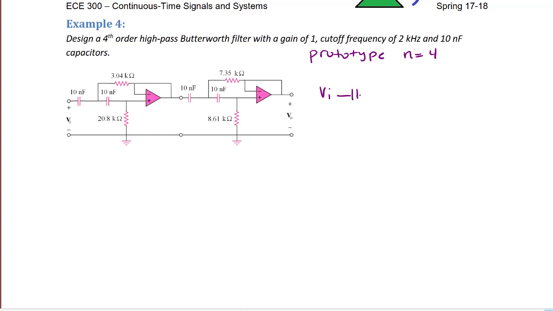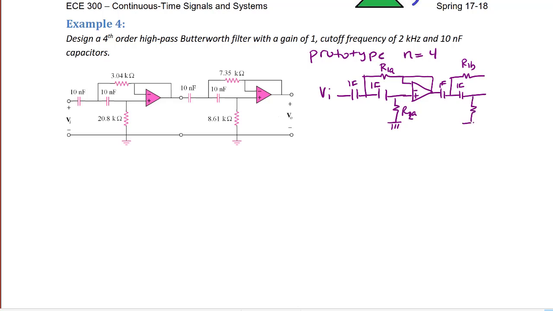So since both circuits are second order, they both will have the capacitors on the input to the positive terminal, and one feedback resistor and one resistor that goes to ground. We will label all the capacitors 1 farad, and on the first circuit the resistors are R1A and R2A, and on the second circuit the resistors are R1B and R2B.